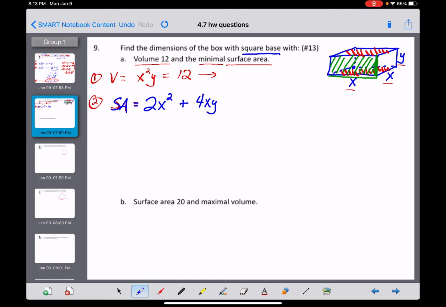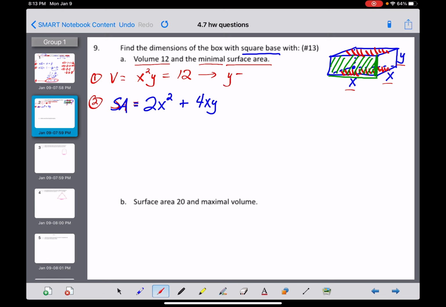What we're going to do, though, guys, is try to write this in terms of just one variable. So look back up at what I have in red there: x squared y is equal to 12. We need to solve that equation for either x or y, and then substitute that back into the bottom. I definitely think it's going to be easier to solve this equation for y so that we don't have to do any square rooting.